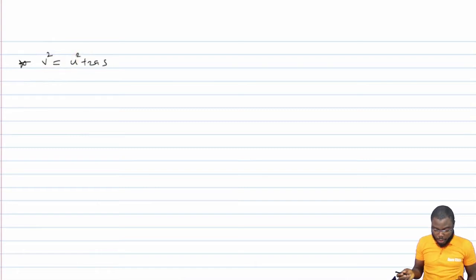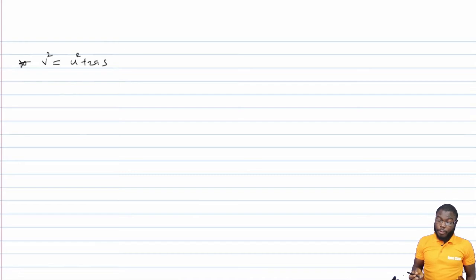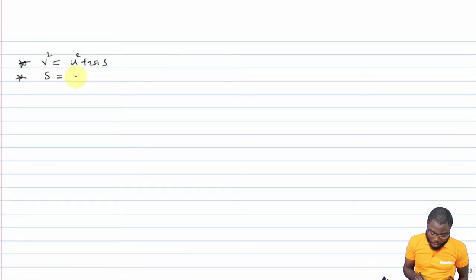They're asking which one is incorrect. You will know yourself that this is correct; v squared equals u squared plus 2as, one of the equations I have just derived for you. Then you have another option that says s equals a half ut plus at squared. You would tell me in a second if it is correct or not.